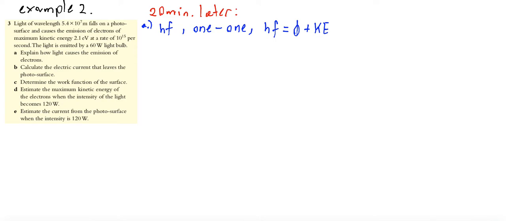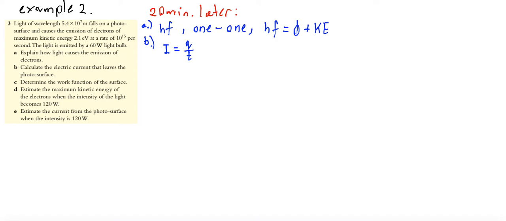Okay, B. Calculate the electric current that leaves the photosurface. So let's look. What is the electric current? Electric current is charge which flows in unit time. So if you calculate the charge which flows in 1 second, then you have an electric current. So what do we have here?